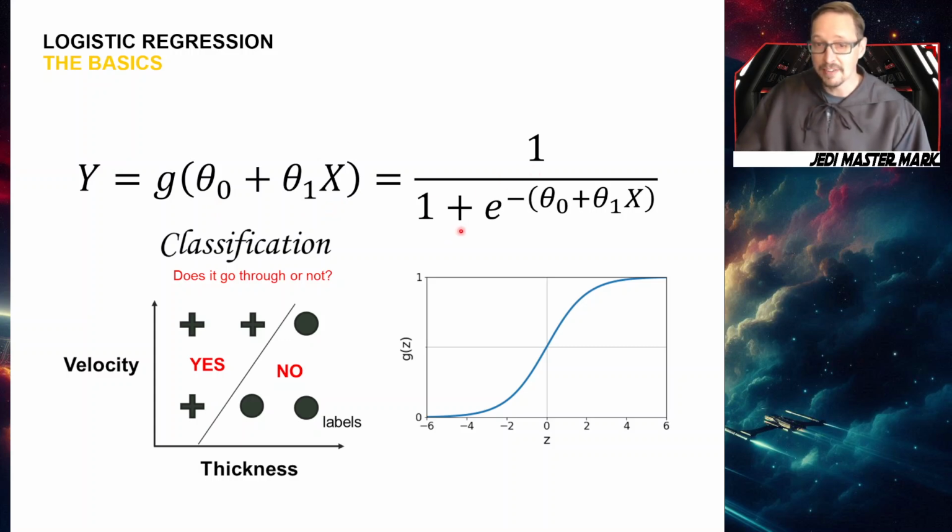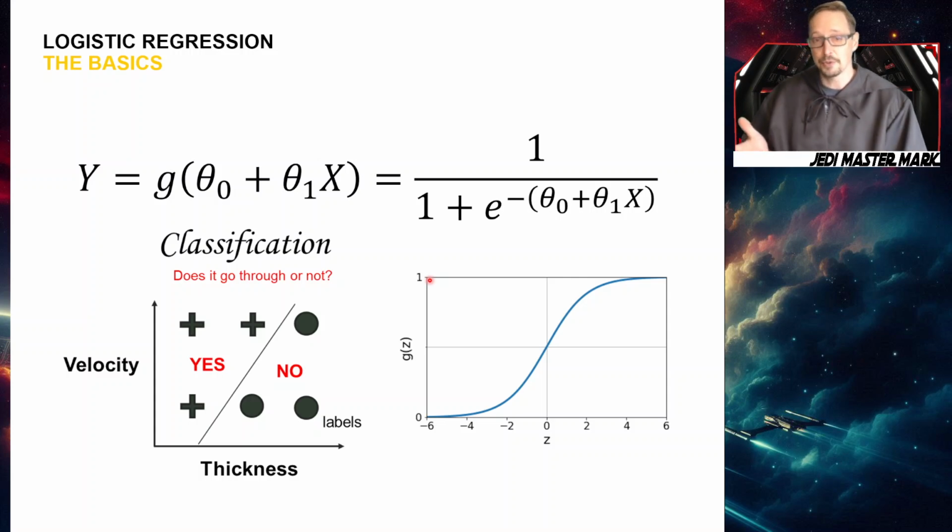Well, it's 1 divided by 1 plus the exponential of negative times this linear portion. And here's what the function looks like as you put in different x values. Here we say z, and as a function of that, it goes from 0 to 1. Never below 0, never above 1. So it's kind of capped within that space.